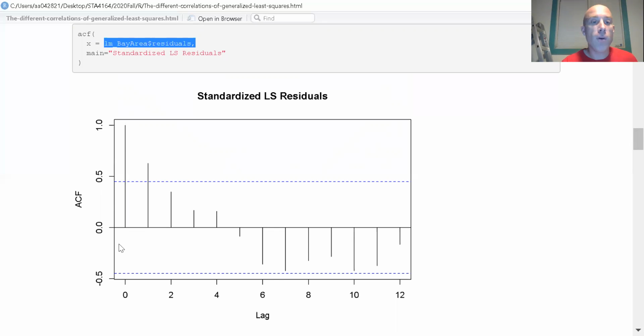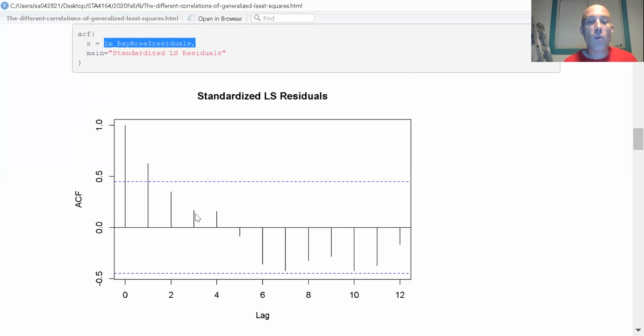So lag 0 is always going to be 1 no matter what's going on. Now here, this is the correlation between observations and the one before. Here, this is the correlation between observations and the 2 previous. Correlation between observations and the 3 previous, three steps back.